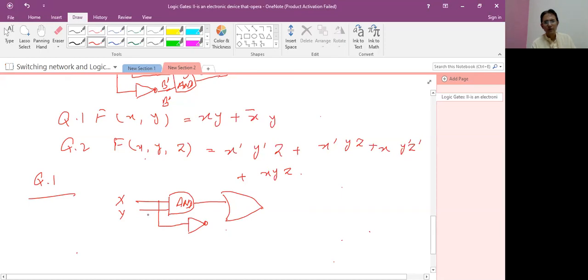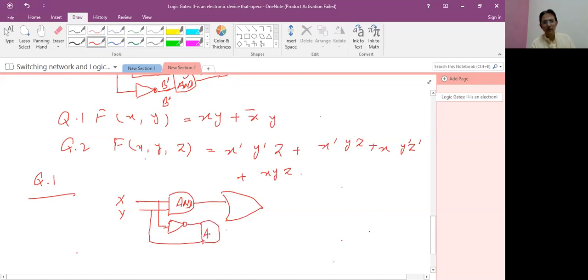and the next variable is Y. When both are connected with an AND gate, it is X complement, the negation of X, and Y as it is, and both are connected with an AND gate.